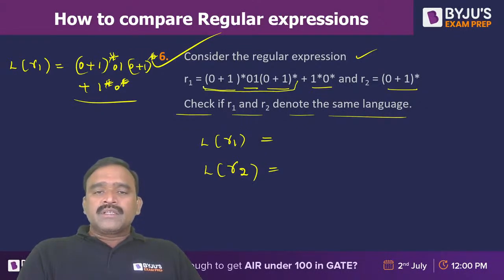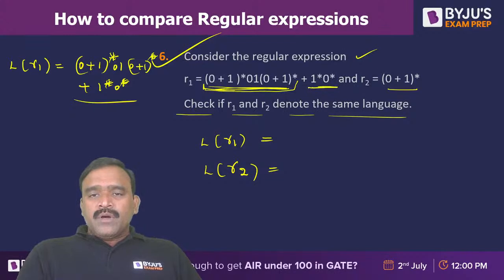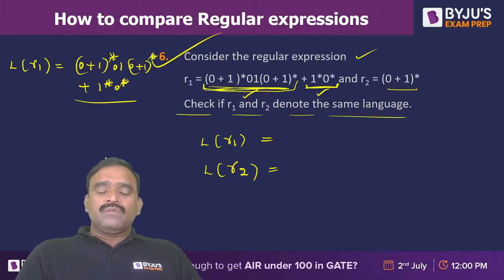As far as this part is concerned, this is all combinations of zeros and ones containing 01 as a substring. And this part is all combinations of zeros and ones not containing 01 as a substring. So one is containing 01 as substring, the other is not containing 01 as substring.